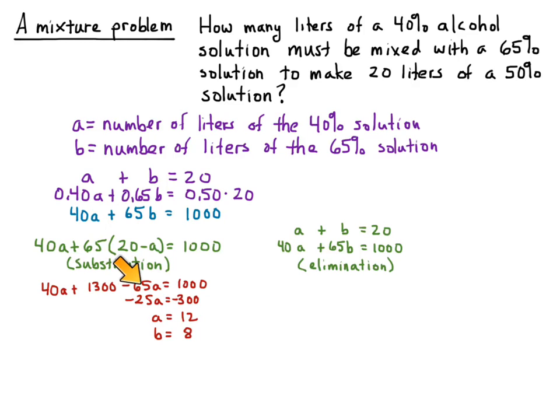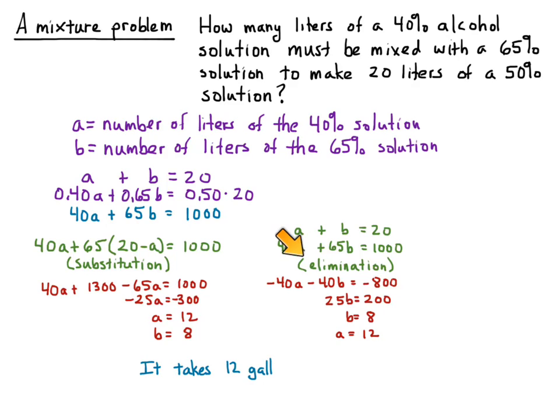Subtract 1,300 from both sides and I get negative 300. So I have A equals 12, and then put in this first equation, if A equals 12, B must equal 8. By elimination, I'll multiply that first equation by 40, and I get essentially the same answer.